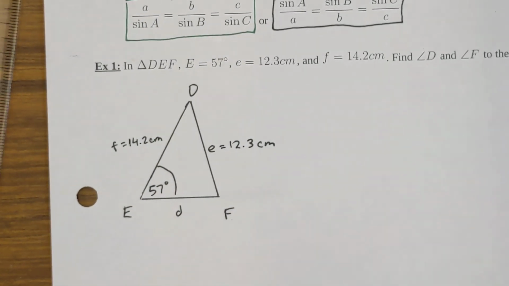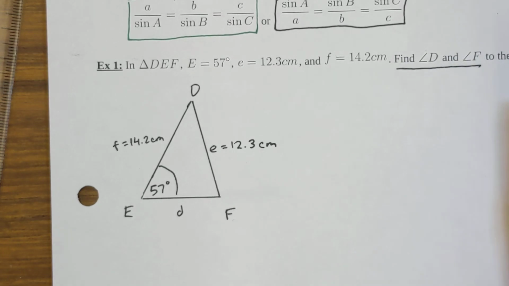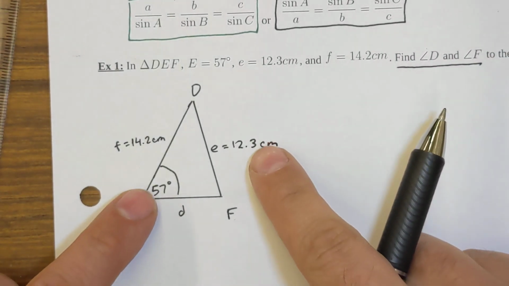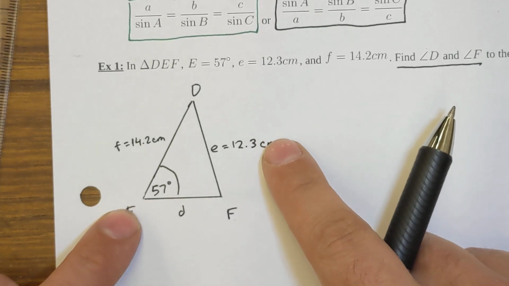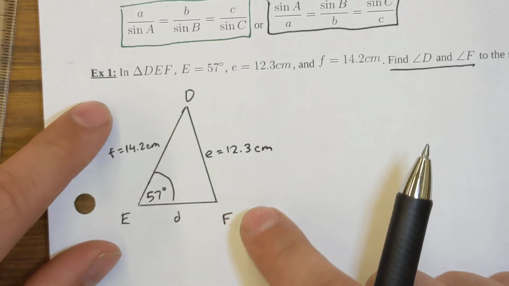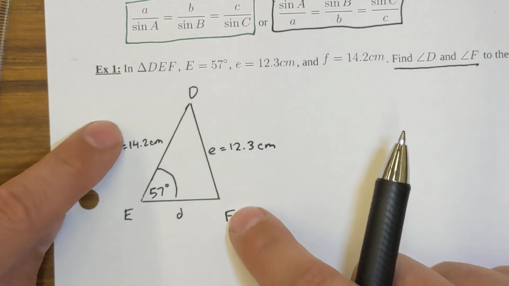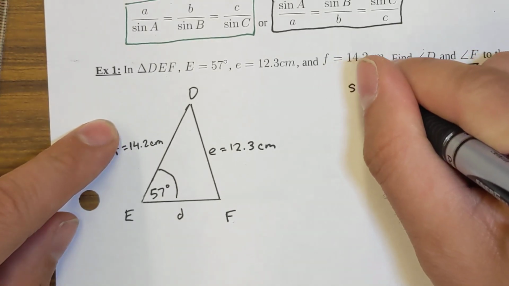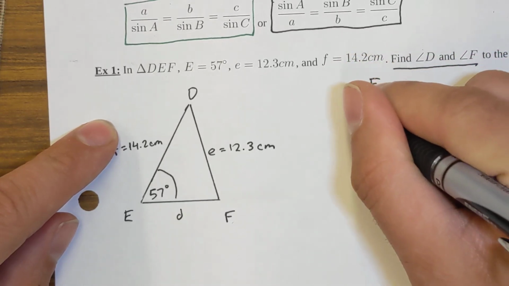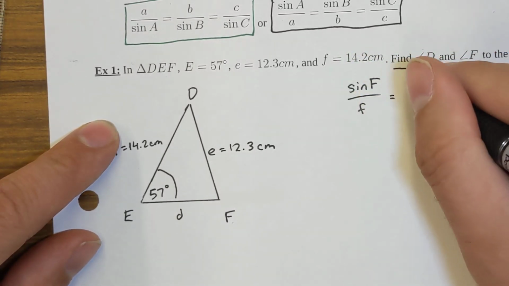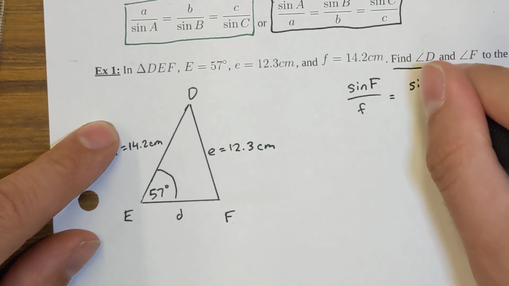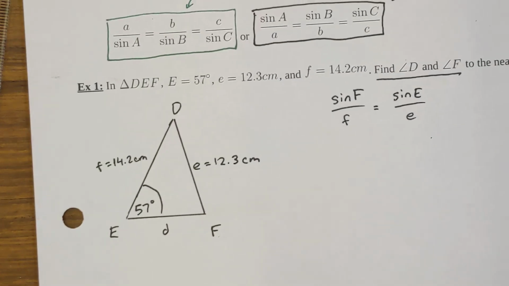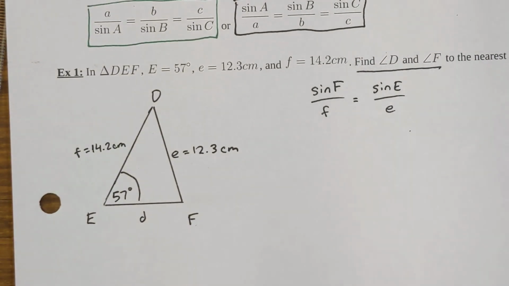And we want to find angle D and angle F. So we have this complete pair, angle E, side E. That means we can use sine law. We know one part of this pair, we just don't know angle F. So I can use sine of F over F equals sine of E over E, and really it's also equal to sine D over D, but we don't need to know anything about D here.